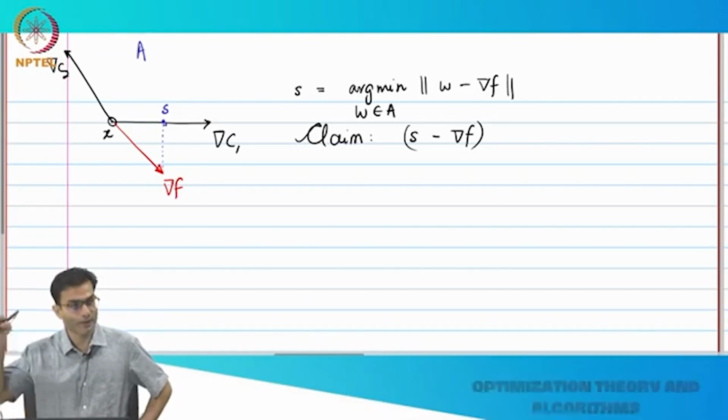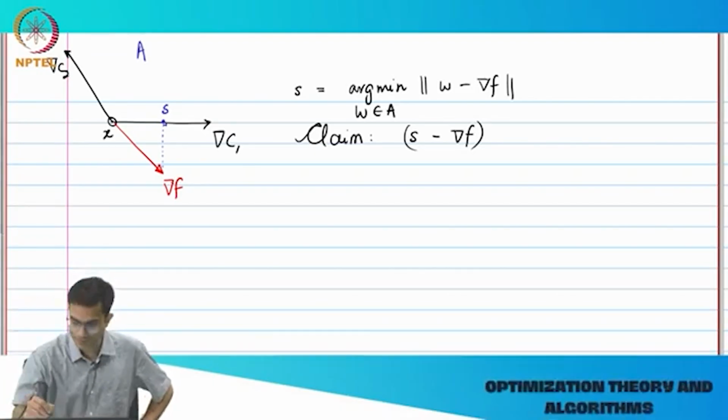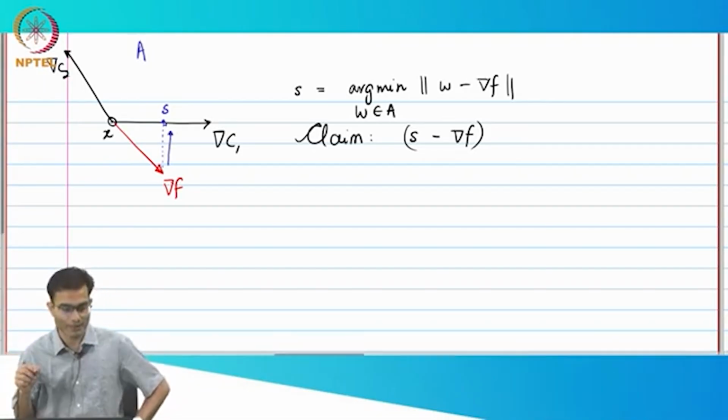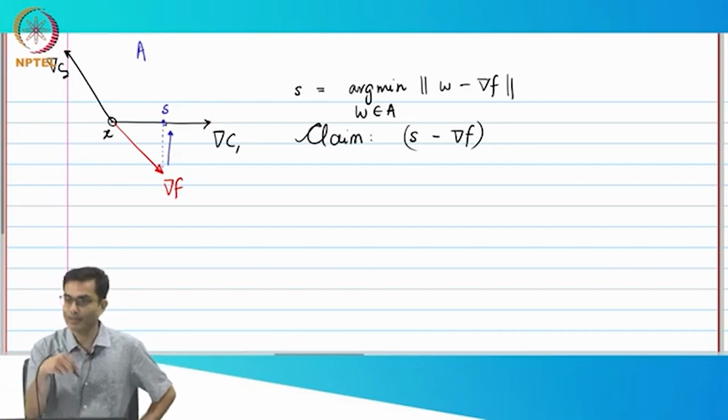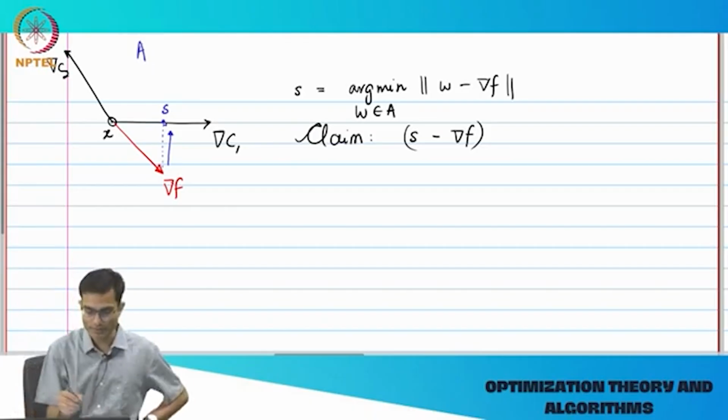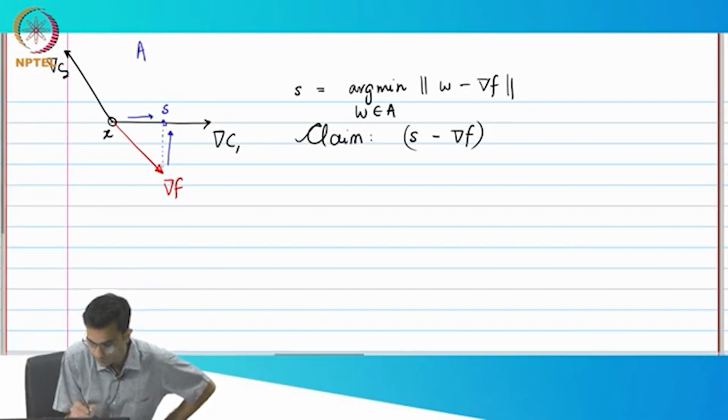It will point from grad f towards S, right? So, if I draw it, this is what the vector looks like. Now, you can check it very quickly, right. If I take the red arrow, which is grad f, plus the blue arrow, which is S minus grad f, what should I be left with? S, because S is this vector.